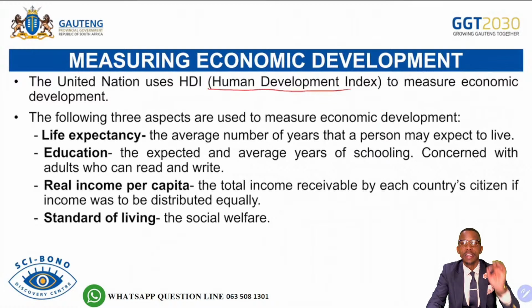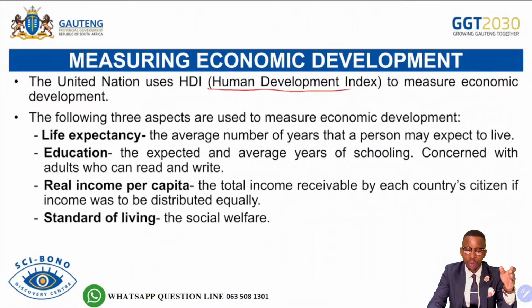So remember, the Human Development Index, the HDI, is used by the United Nations to measure the level of economic growth, the level of economic development. So you can come across the definition in 1.3, defining Human Development Index, to say the index that is used to measure the level of development across the world. That will be Human Development Index.